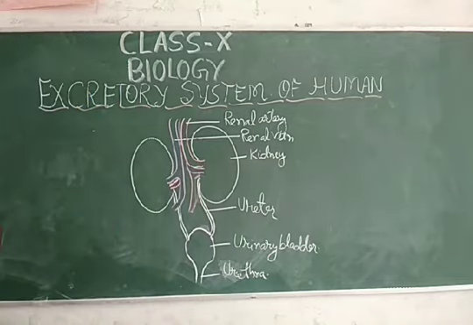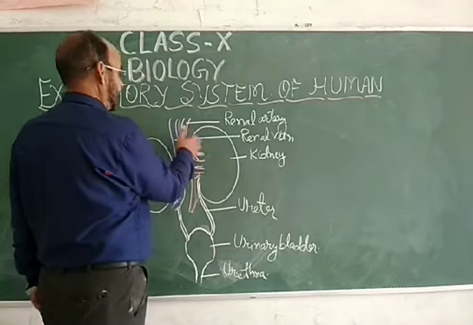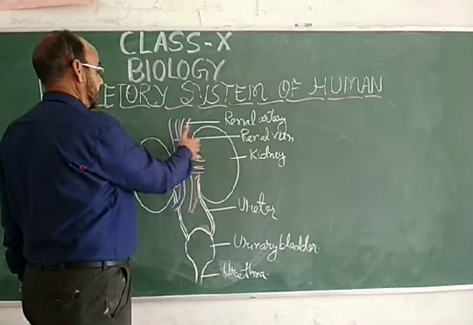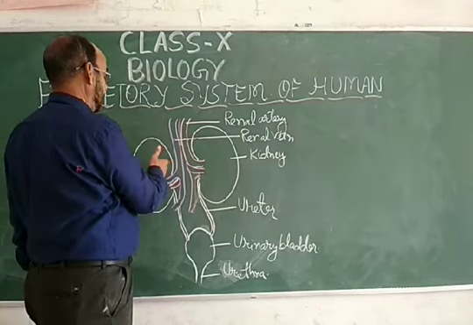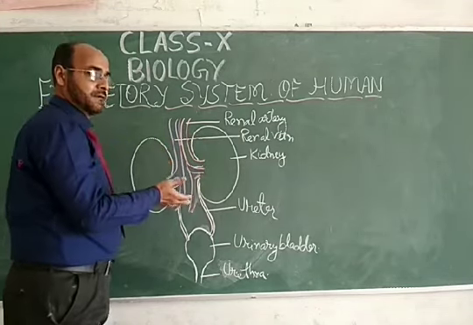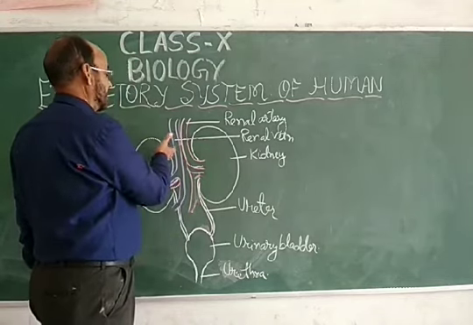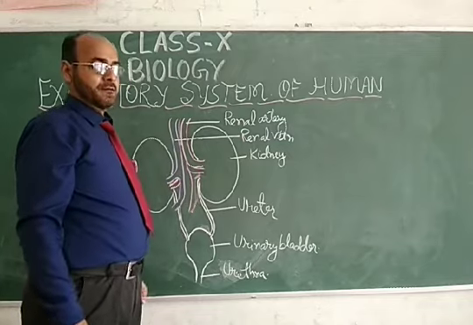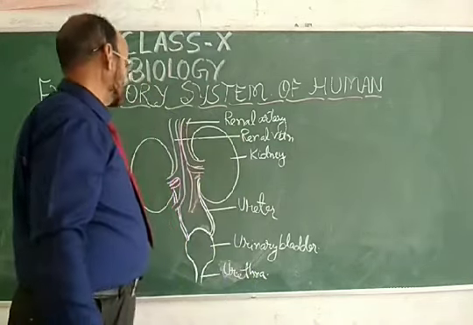My dear students, you are looking at the diagrammatic representation of the excretory system of human, which has a pair of kidneys on both the right side and left side. The left side kidney is situated in a slightly upper position, while the right side kidney is situated in a slightly lower position, and both are connected with the renal artery and renal vein for the blood collection and blood supply to both kidneys.